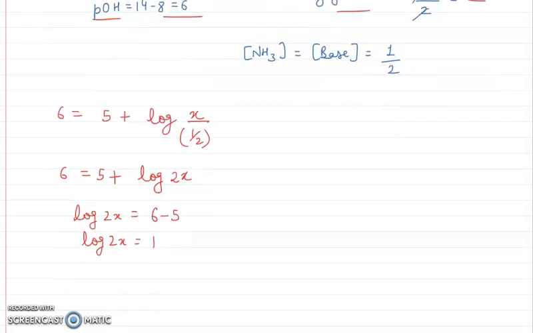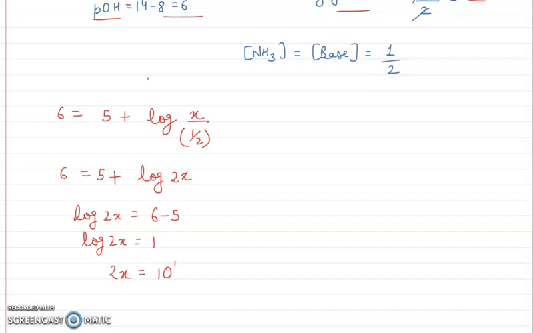And we have to calculate the value of x, that is the number of moles of the salt. So here 2x would stay and log would go to the other side. So it would be 10 raised to the power 1. If log goes to the other side, the antilog comes, and it has base 10, and the number on the right-hand side goes on the power.